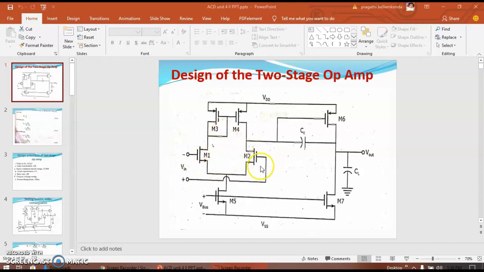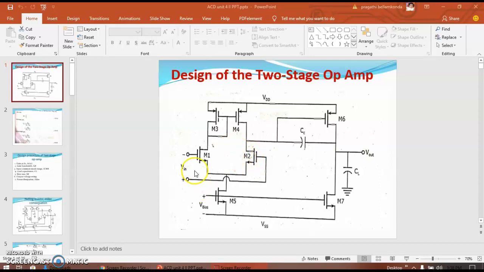What is the CMRR? Common mode rejection ratio. So at the output side it is going to optimize the load, and at the input side it is going to increase the differential gain and CMRR, common mode rejection ratio.